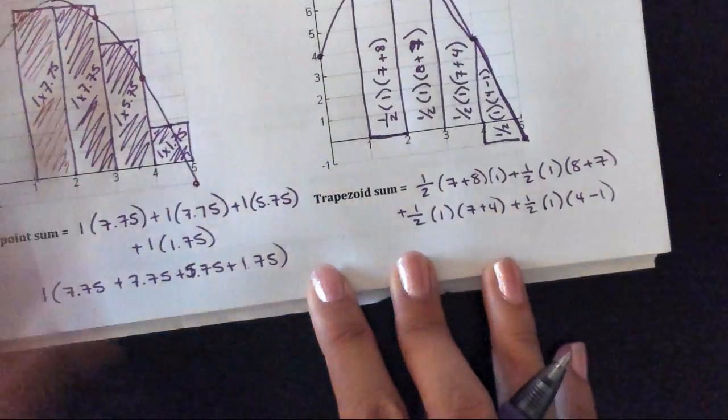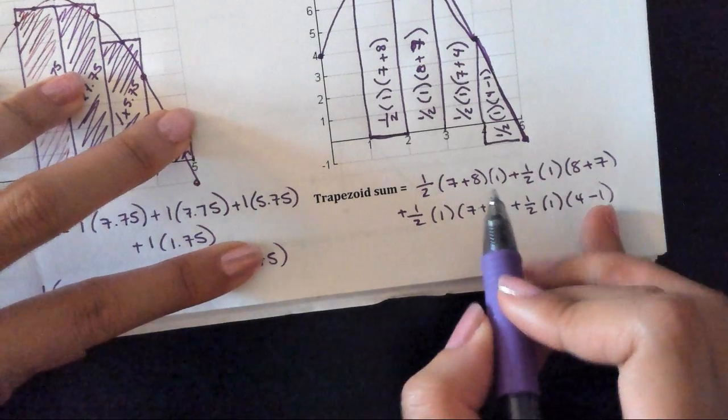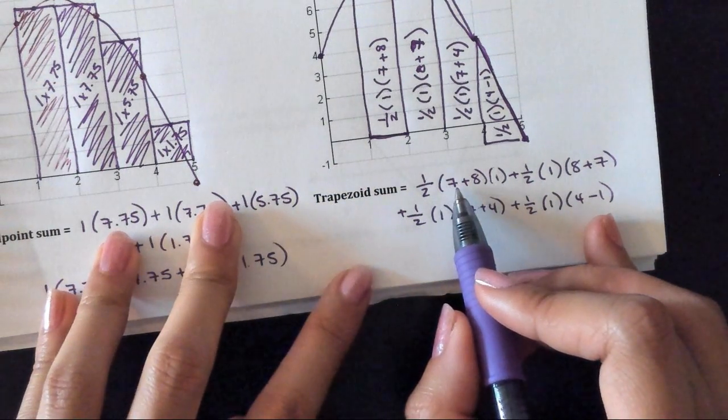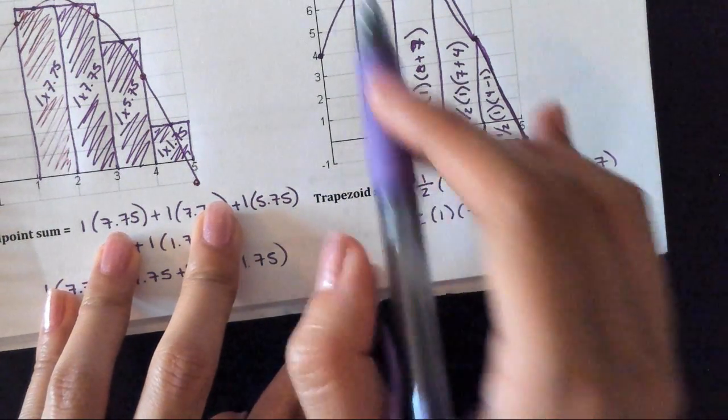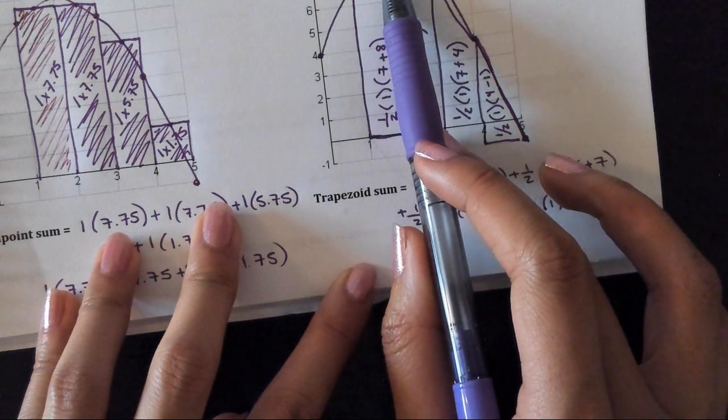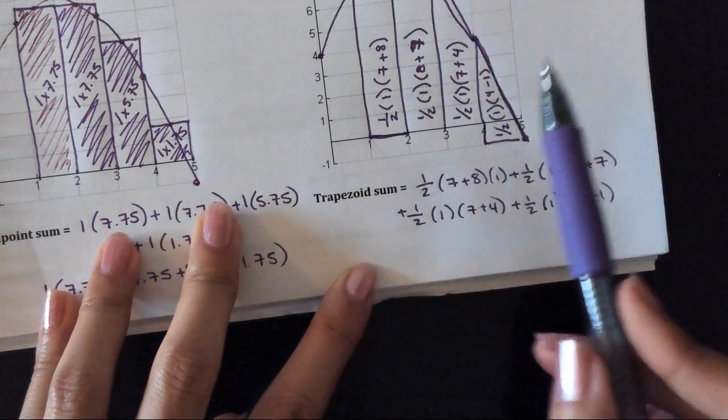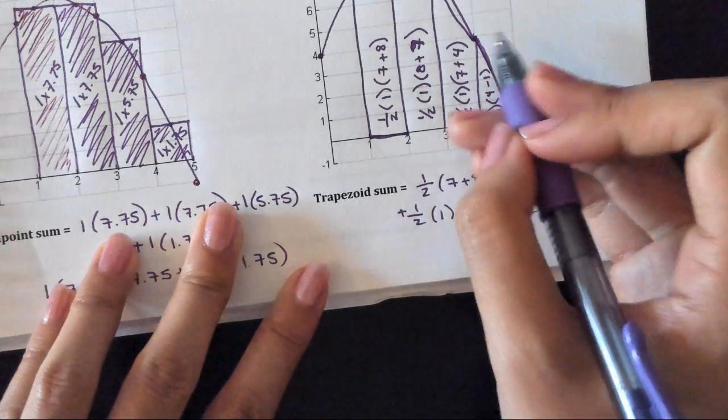If you notice, this 7 and the 8, this 8 right here is used twice, this 7 here is used twice, this 4 is used twice.